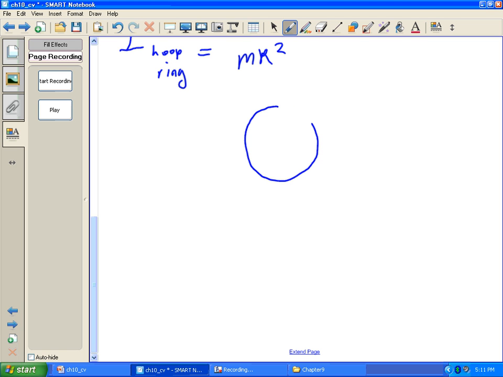Let's draw the solid disk. This time, the disk is not hollow, it's not a circle, it's now an area. So what we want is a representative dm, which this time is going to be an area. Its length will be described by d theta, so this is our d theta.